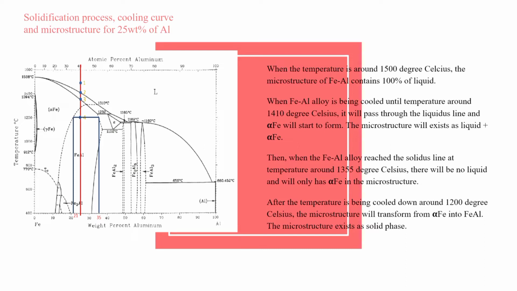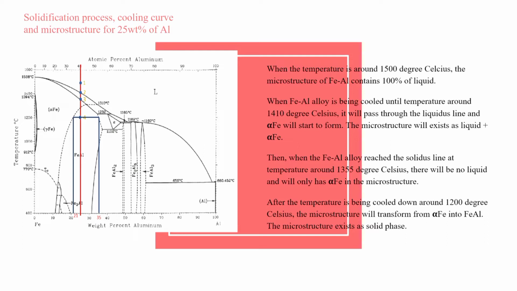Then, when the temperature is cooled down to point 2, around 1410 degrees Celsius, it will reach the liquidus line and pass through it. This is where the alpha ferrum or iron starts to form. At this region, the microstructure exists as liquid plus alpha of iron.